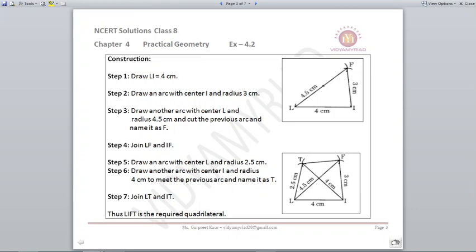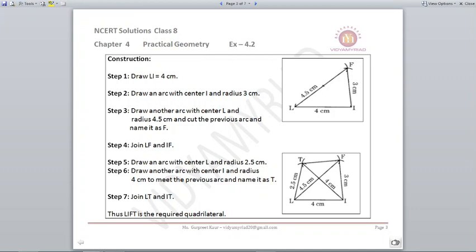That measurement is given to me. So from I I will cut 4 centimeters and from L I will cut 2.5 centimeters. Wherever they cut, that point will be marked as T. Join LT, join TI, join LF, join FI, and your required quadrilateral LIFT is formed.